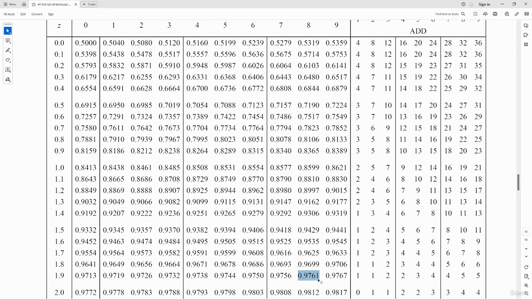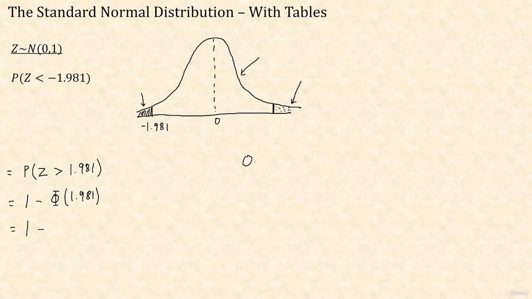So here's how I record that down. 0.9761. There's the add 1, and my answer is 0.9762. That's the phi bit that I was looking for, 0.9762. I then get my answer, which is 0.0238. And there's my answer.